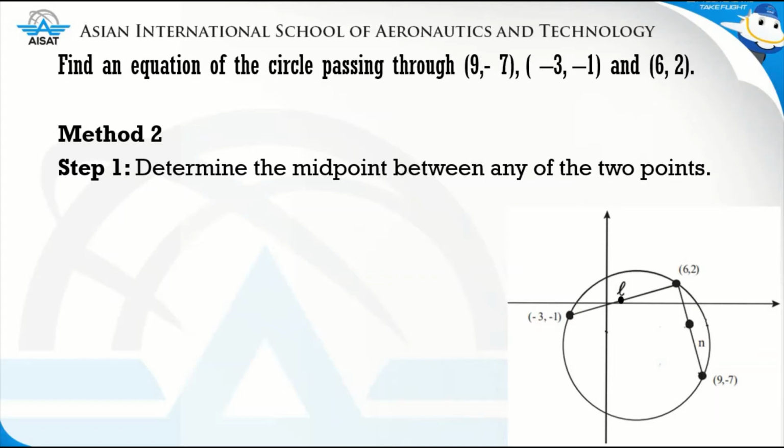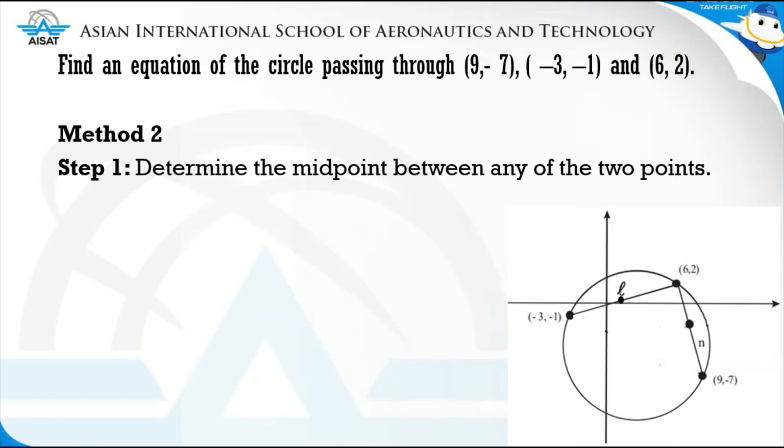So using the same problem, find the equation of the circle passing through 9, negative 7, negative 3, negative 1, and 6, 2, we are going to determine the general form of the equation of the circle which passes through these points. So step 1 is we are to plot these points on the Cartesian plane and show an illustration of our circle.